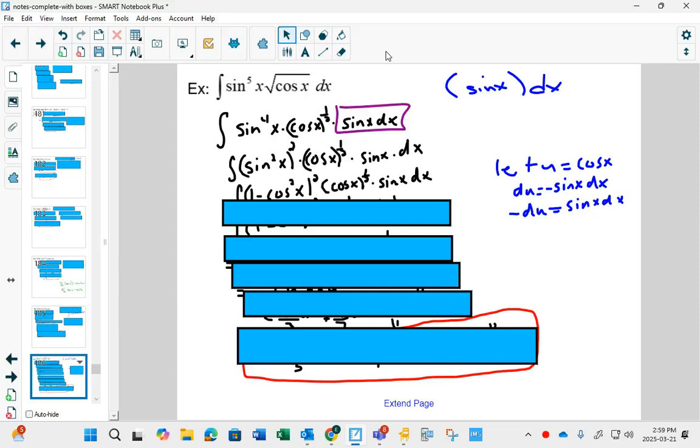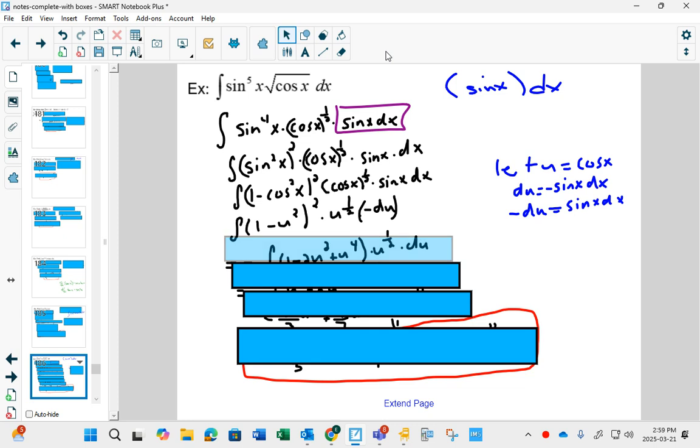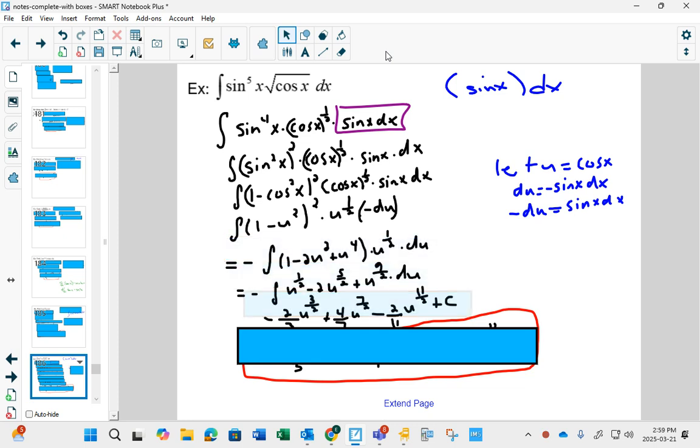You could either do the substitution here, or you could actually, yeah, I like it here. If we do the substitution here, I've got 1 minus u squared, all squared, and then u to the half. This I can't integrate easily unless I expand it all out and distribute. And then you can substitute back in.